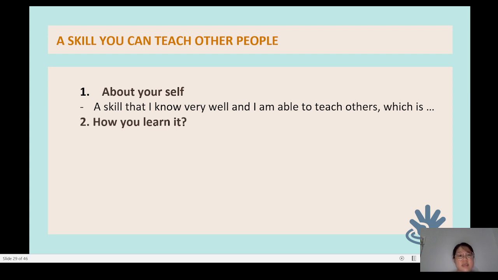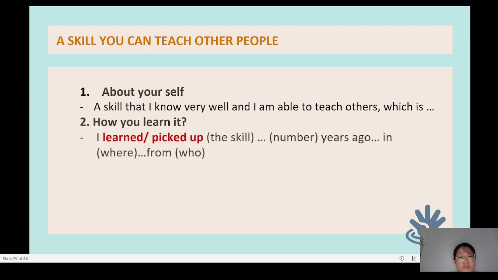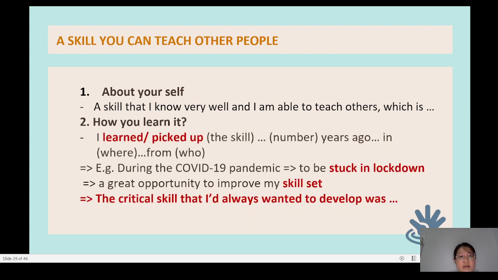And then the second question is how you learned it. You can see my sample. I learned or picked up the skill some years ago, and where and from whom.